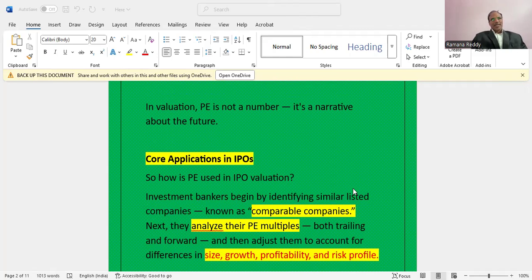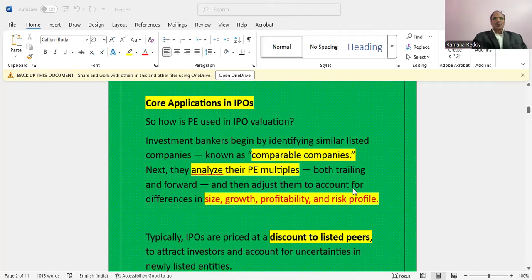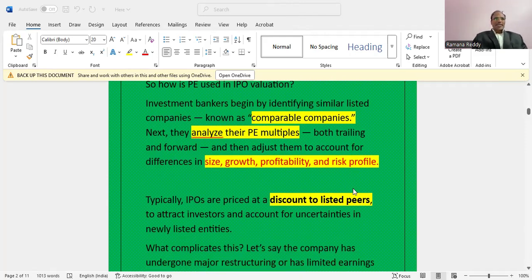Next, they analyze their PE multiples, both trailing and forward, and then adjust them to account for differences in size, growth, profitability, and risk profile. Typically, IPOs are priced at a discount to listed peers to attract investors and account for uncertainties in newly listed entities.